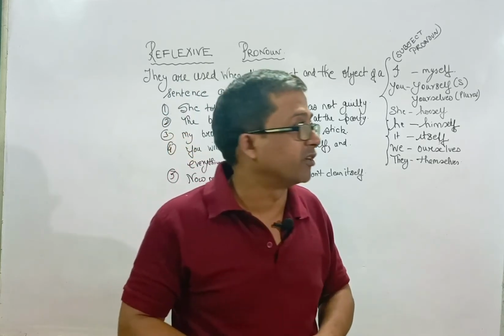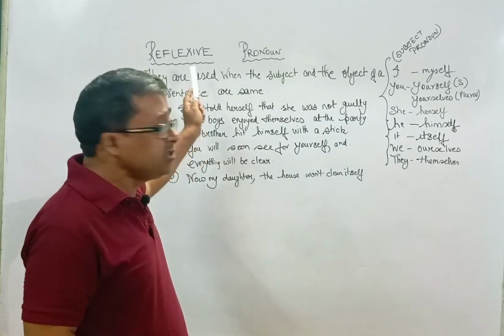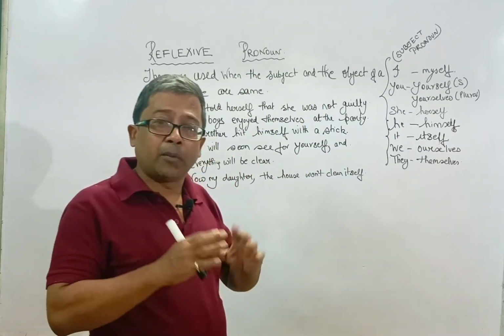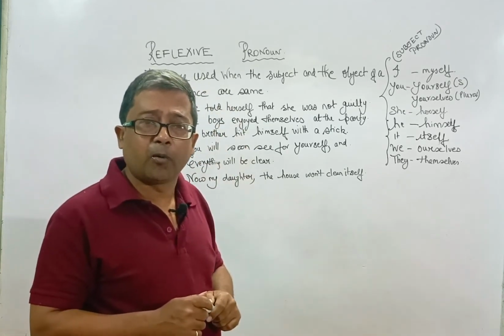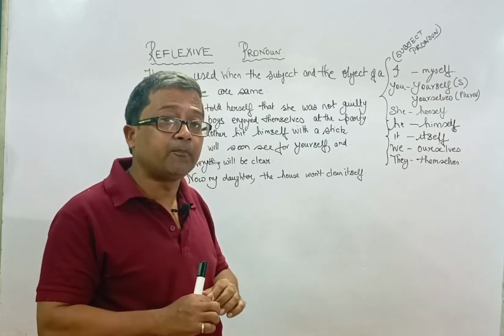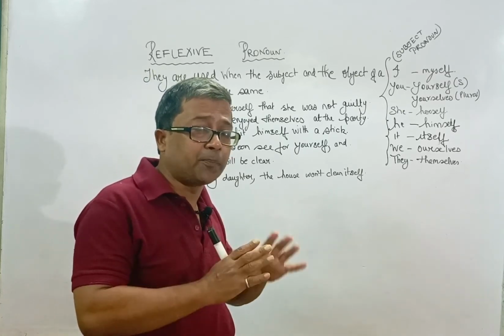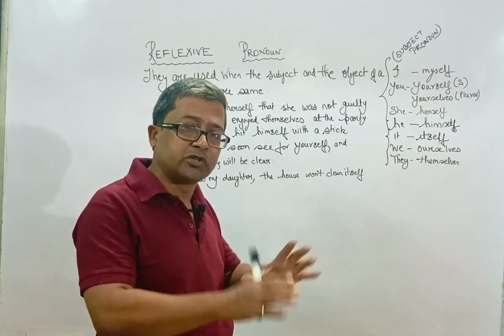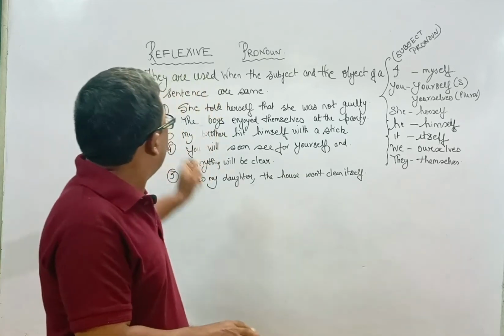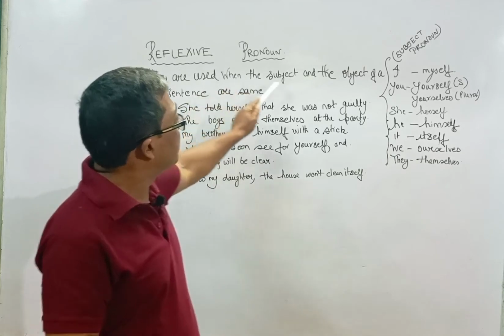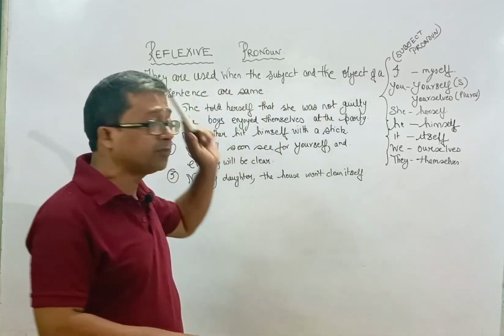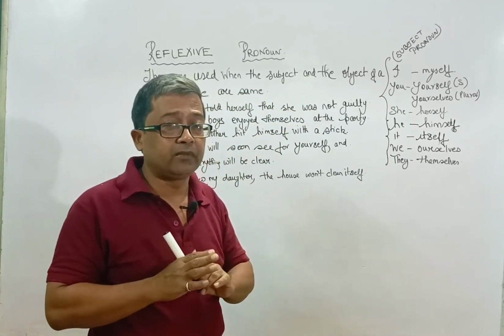So let's start, friends. Reflexive pronoun is a kind of pronoun among other things. When do we use this reflexive pronoun? That's very important, because we understood what is a pronoun. A pronoun is a word which is used instead of a noun. Reflexive pronouns are used when the subject and the object of the sentence are same.